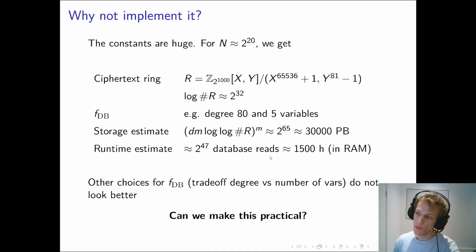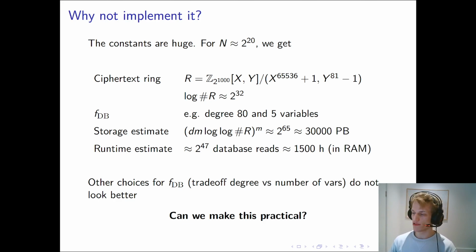If we assume the whole data structure is stored in RAM, which might not be realistic for 30,000 petabytes, but okay, then we can estimate the time to perform that many requests, and it's about 1,500 hours. Which is, I think, a very good reason not to directly implement the scheme.